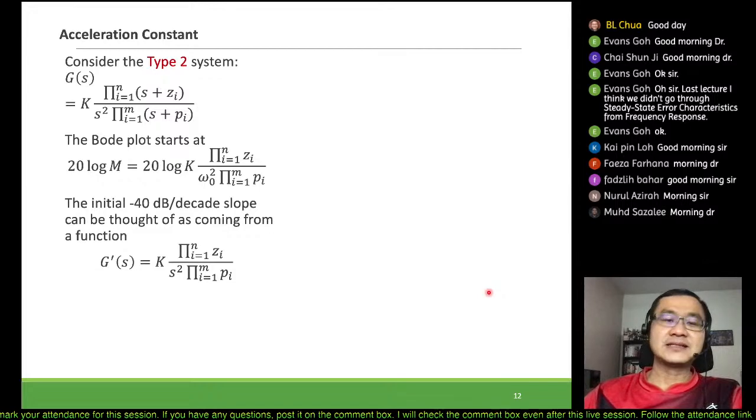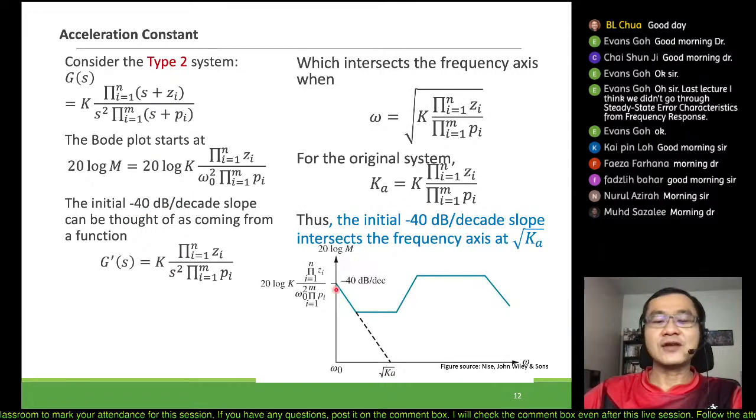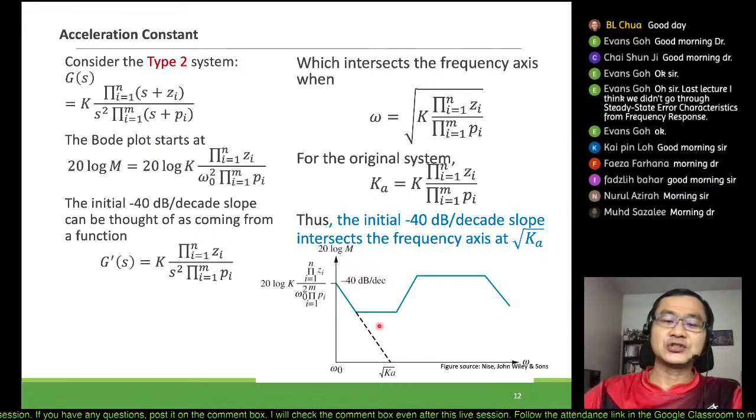Then for the acceleration constant, when we consider a type 2 system, then again you have the omega square, and this is related to minus 40 dB, so you have to draw a minus 40 dB line, right?